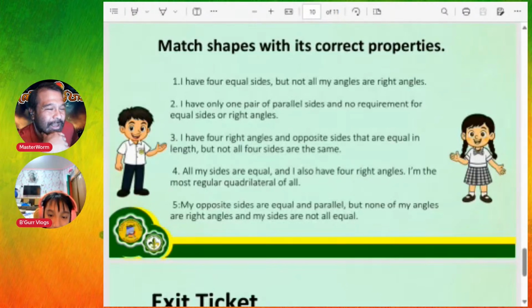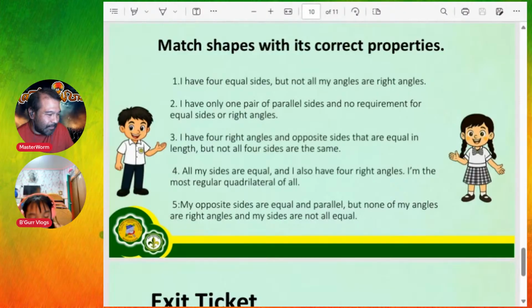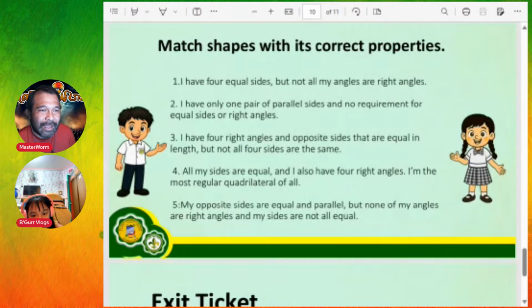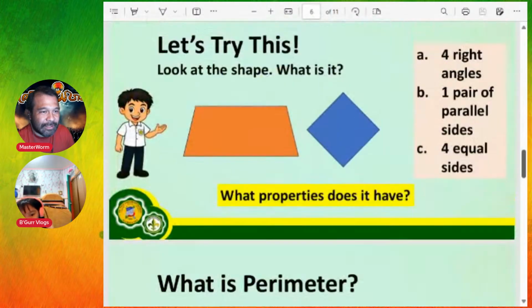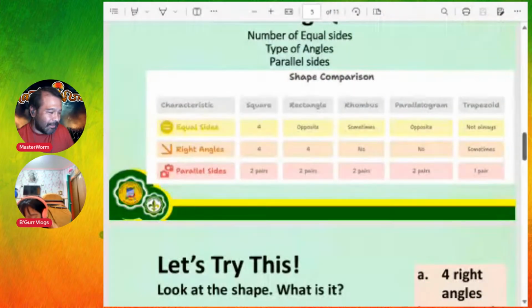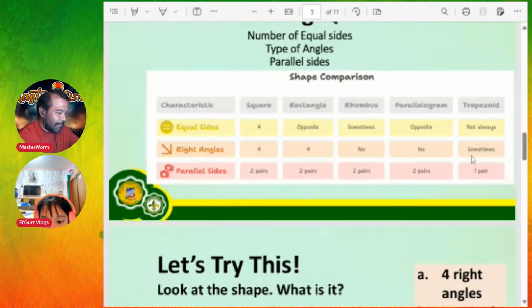If I have 4 equal sides, but not all my angles are right angles, what is it? I think we already discussed that a while ago, but I'm not really good with this one. Let me replay the sides here. It says here I have 4 equal sides, but not all my angles are right angles.